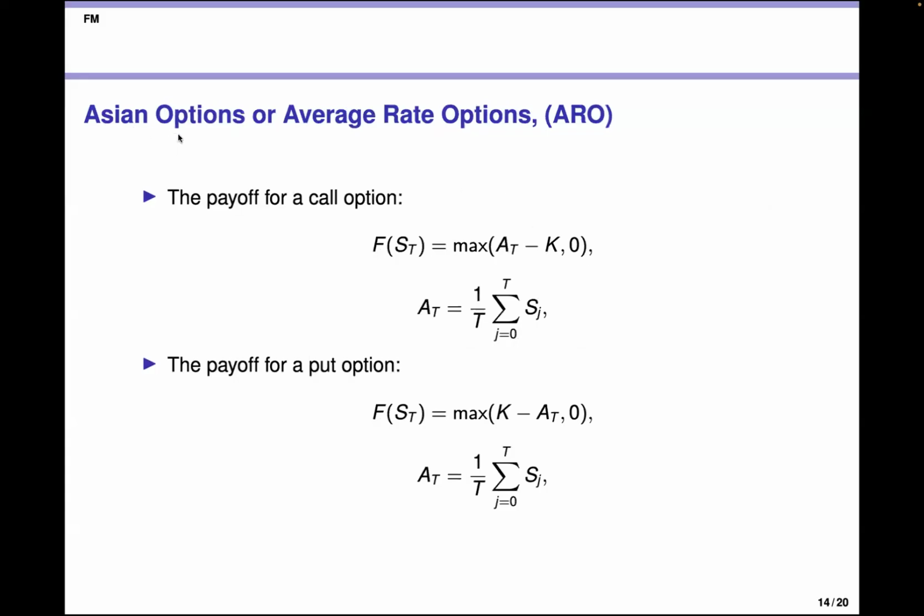For example, the Asian option. You remember that for European and American options the payoff is the maximum between what?